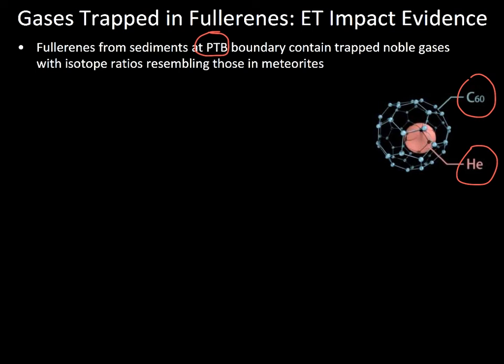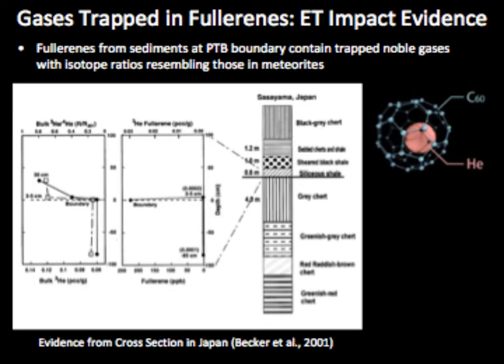They're looking at this rock and at fullerenes, and what they find in those fullerenes are noble gases that don't have a very Earth-like isotope ratio. Not only is the isotope ratio not Earth-like, it very closely resembles the isotope ratios for noble gases found specifically in meteorites, which is directly connecting meteorites with the Permian-Triassic boundary.